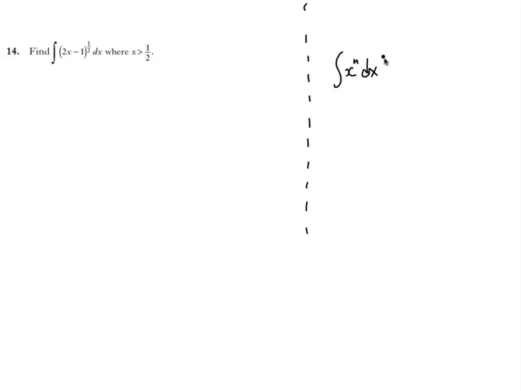If we integrate the power of x, we increase the power and then divide by the new index. And remember that integrating can always be undone by differentiating.